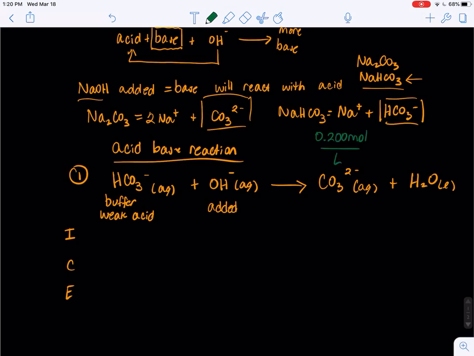So 0.2 molar and 500 milliliters is equal to, got to be a little careful with the decimal places here, is 0.1 moles. Okay, the liters cancels. So the initial amount of bicarbonate is 0.1 moles. The initial amount of carbonate is also 0.1 moles. Okay, sure, there's lots of water present.